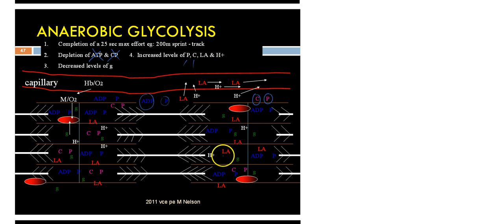We have more lactic acid than previous, and we also have hydrogen ions in here. And again, although understanding that lactic acid is lactate plus hydrogen ions, I've identified that hydrogen ions with the H+. We have decreased levels of glucose. Why is that? Well, because glucose is used in the anaerobic glycolysis system.